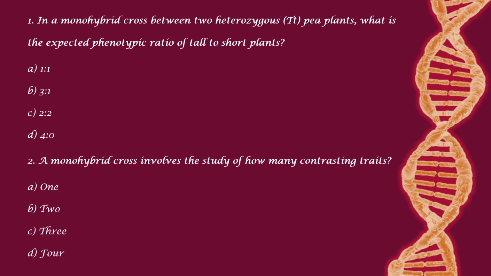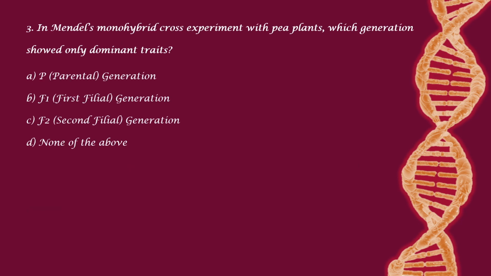See this question now. A monohybrid cross involves a study of how many contrasting traits? How many contrasting traits we consider here? 1, 2, 3, 4. How many? Yes, right, one only. Only the tallness we considered, right? The length of the plant we considered. See the third question.